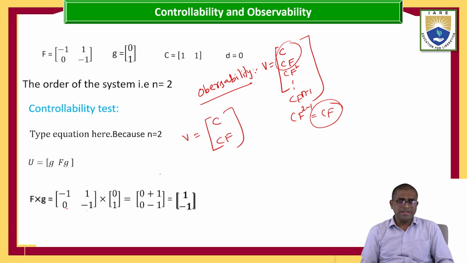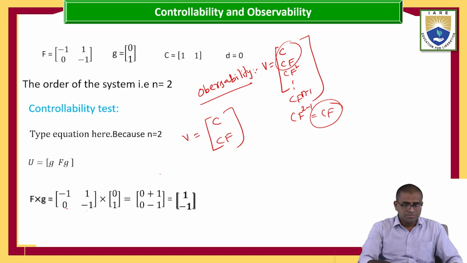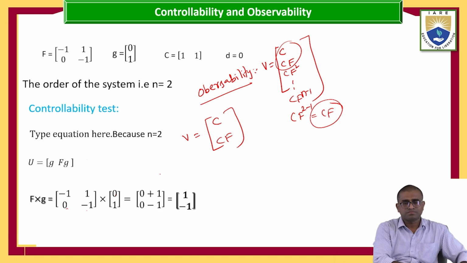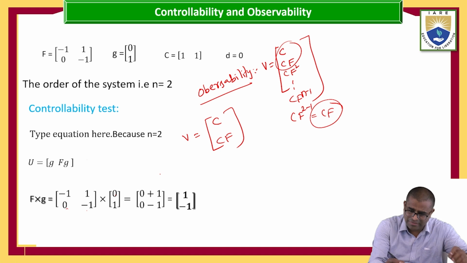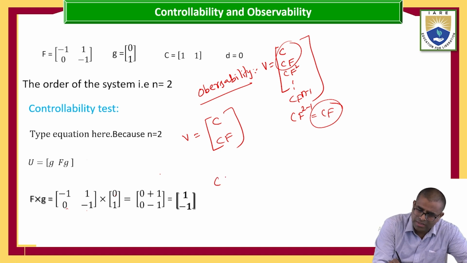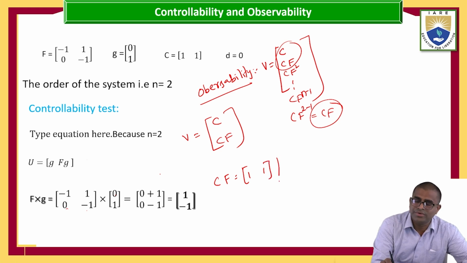Now we have to find the CF value. First we have to find the CF value. What is the C value here? C is 1, 1, multiplied by F, which is minus 1, 1, 0, minus 1.